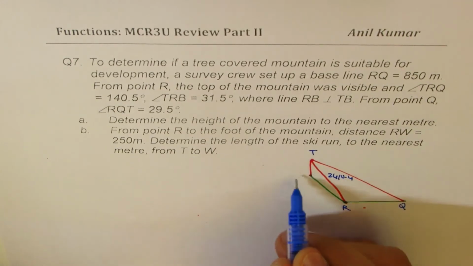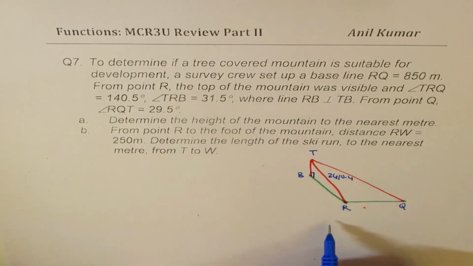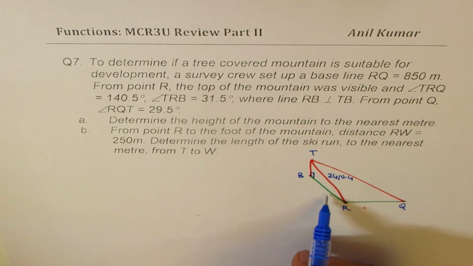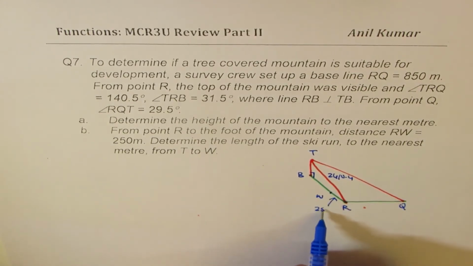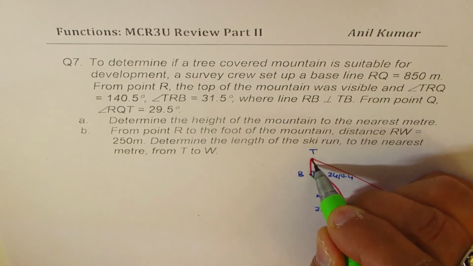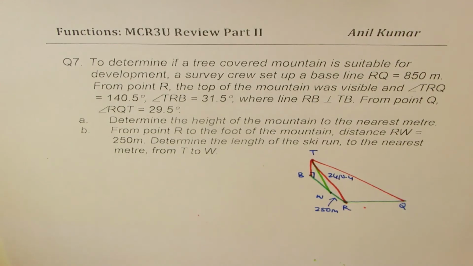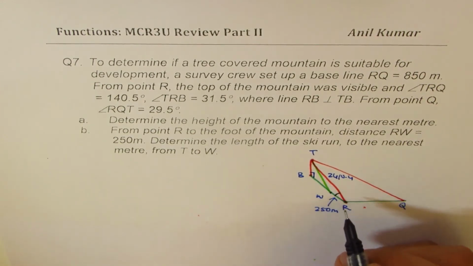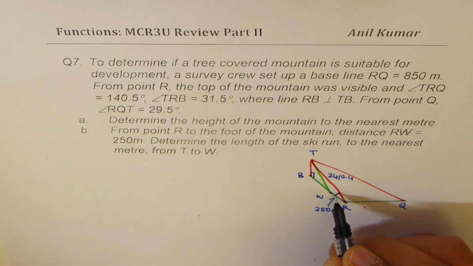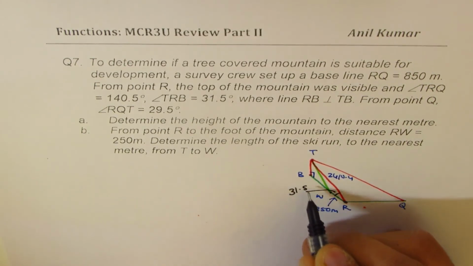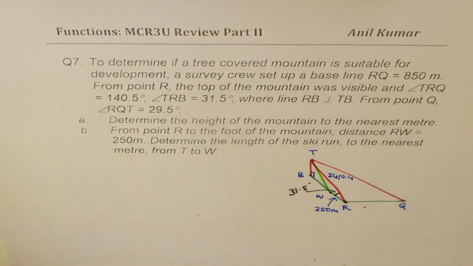The top of the mountain is T, this is B, 90 degrees. Now we have a point W somewhere here, which is 250 meters away. What we need to find is the skiing slope, T to W. We also know that this angle here is 31.5 degrees.